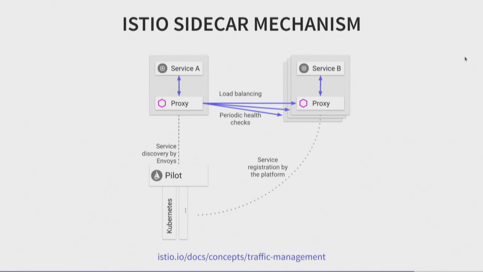Which means when service A wants to call service B, the request has to go through service A's sidecar, and service A's sidecar will call service B, which will again be intercepted by the proxy of service B. And so all the concerns like load balancing, circuit breakers, and so on are completely handled by the proxy. And then Istio is able to orchestrate those proxies independently from your apps.